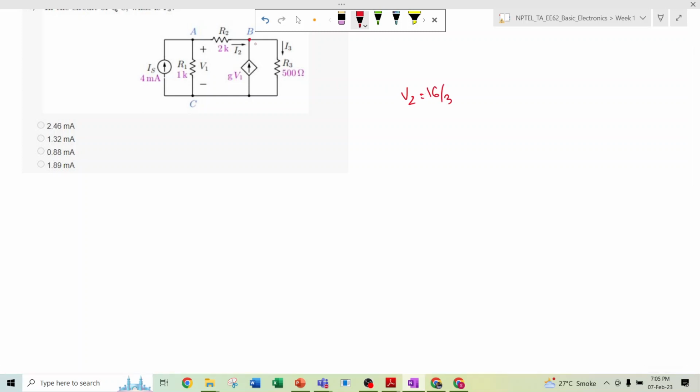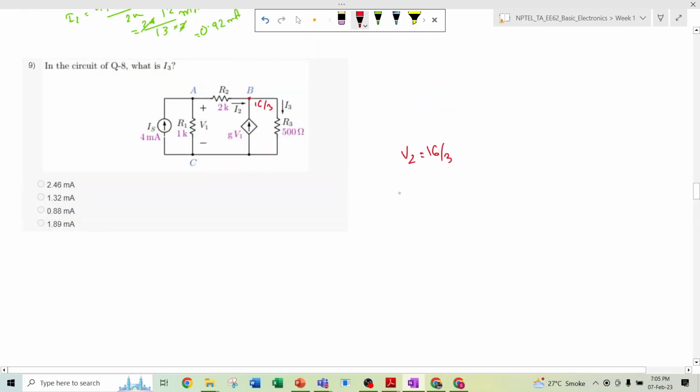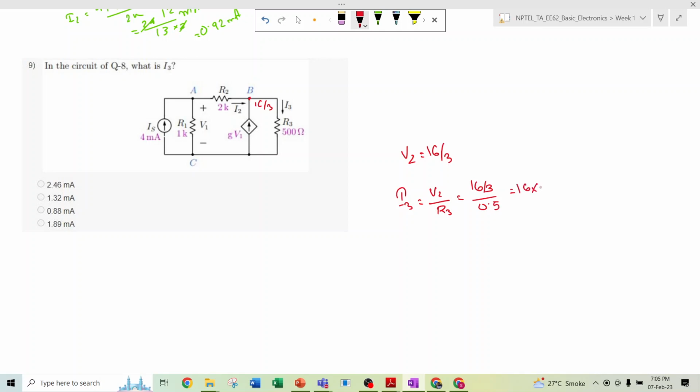So here the voltage is nothing but 16 by 3. So I3 will be V2 divided by R3, 16 by 3 divided by 0.5. 16 into 2 divided by 3.